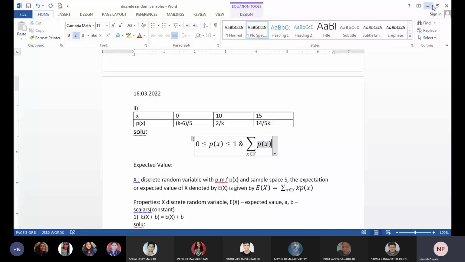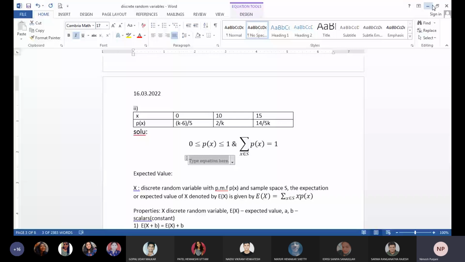These are the two properties for your P of x, that is your probability mass function. Probability lies between 0 and 1, and summation of P of x is equal to 1.